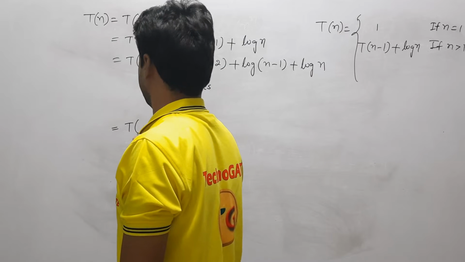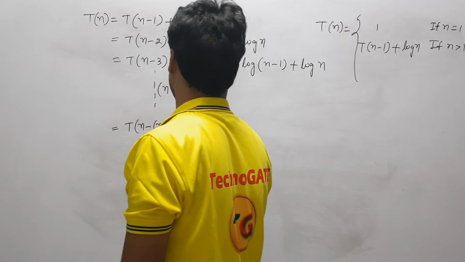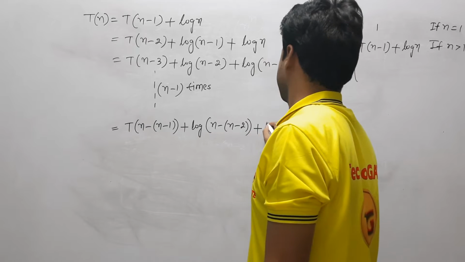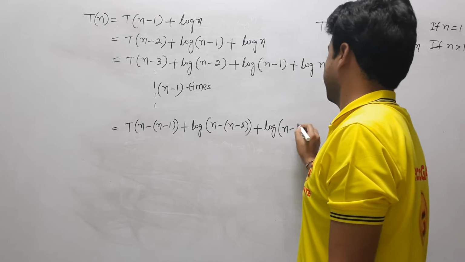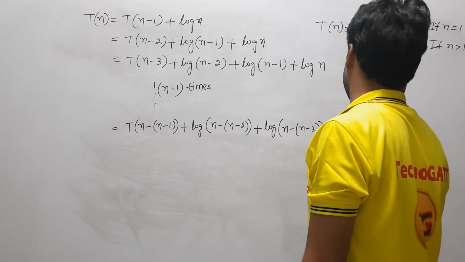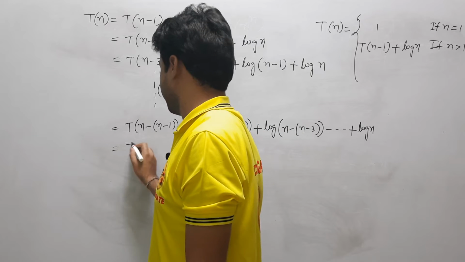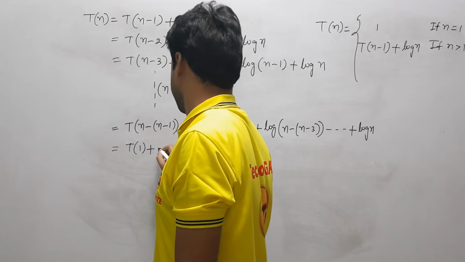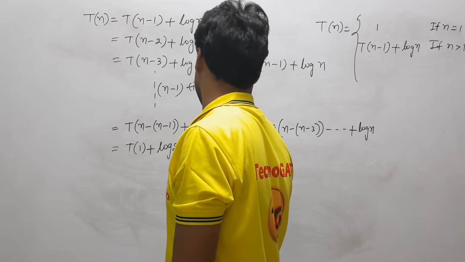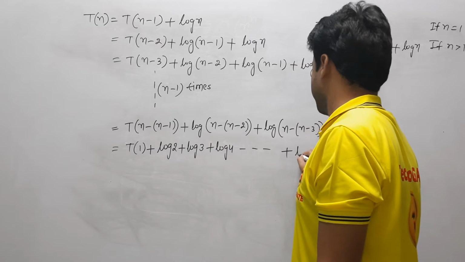Then what will happen? This is T of 1 plus log 2 plus log 3 plus log 4 up to log n.